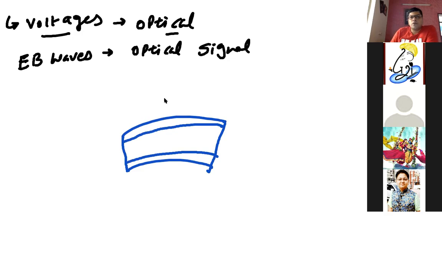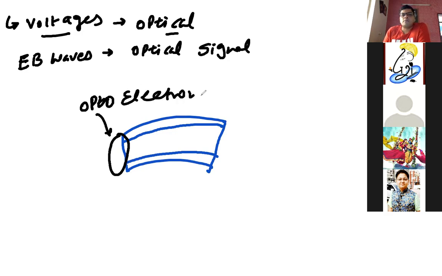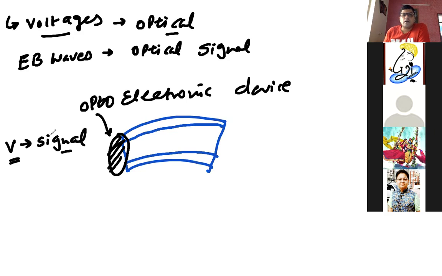So what I am doing here is, at the left-hand end, I am putting one device called an optoelectronic device. The function of the optoelectronic device is to convert voltage or current into a signal.